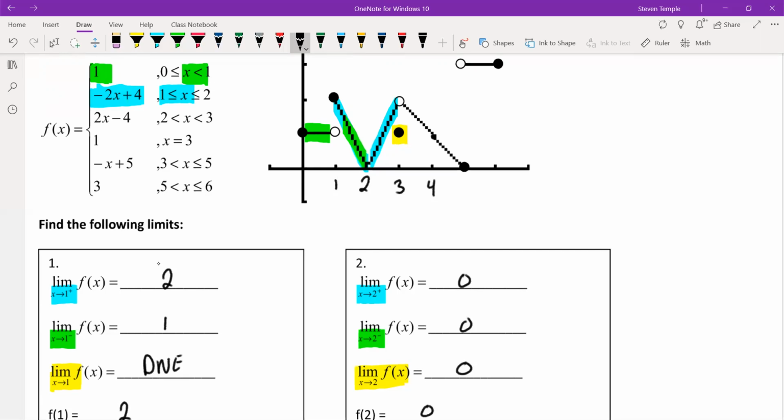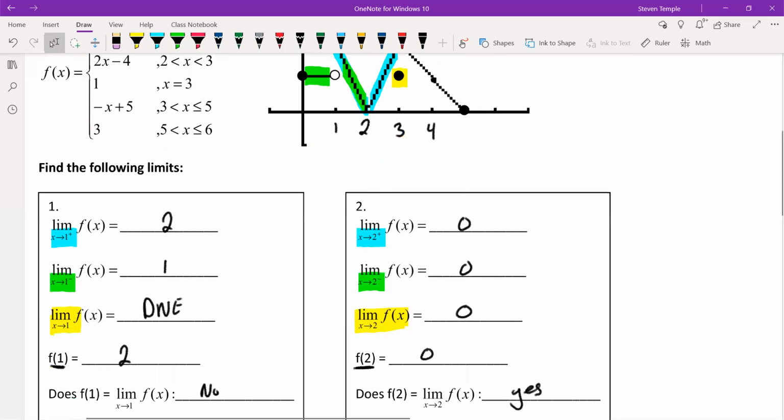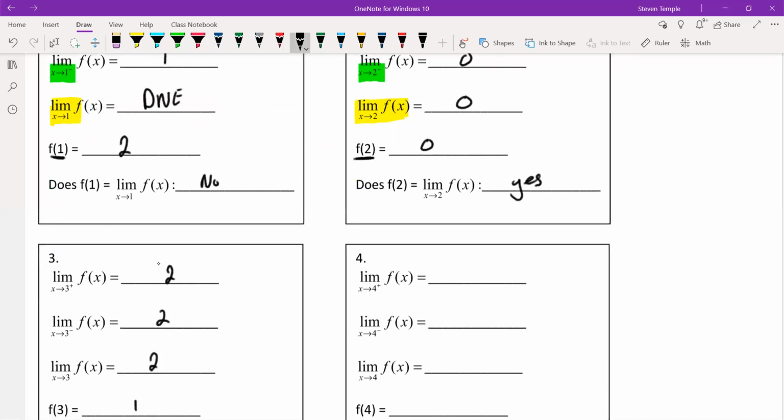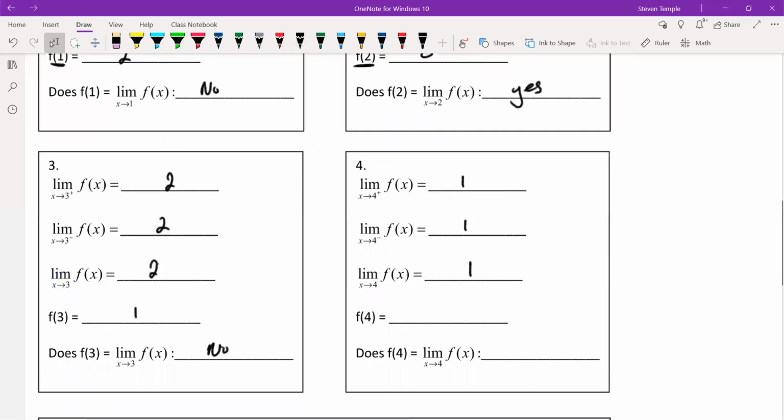So the whole limit is going to be 1, and f of 4 will be 1 as well. The limit itself is 1 because these two are equal to each other. f of 4 is also a 1. Again, it's not an overemphasized dot, but it is going to be a 1. And of course, this is yes.